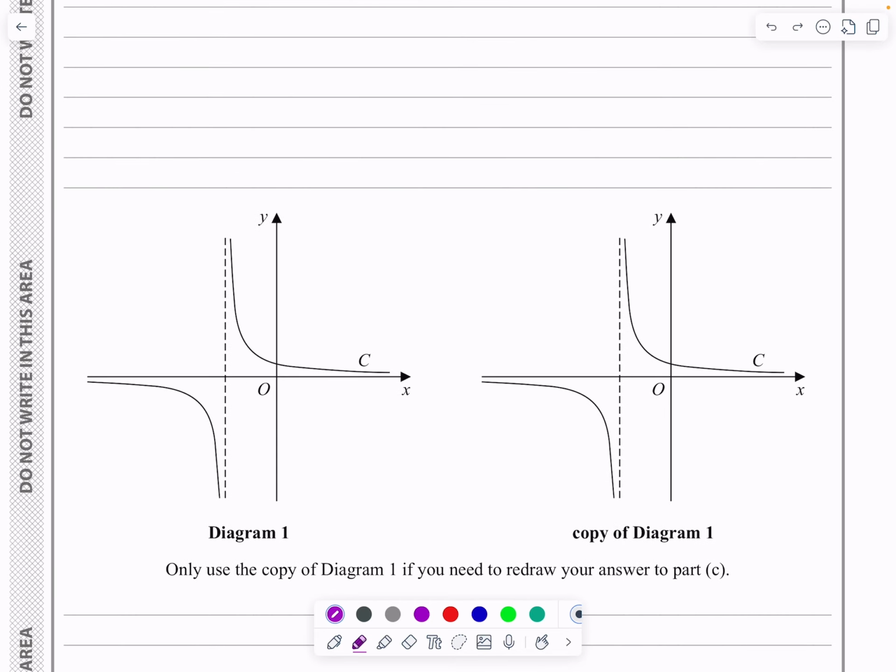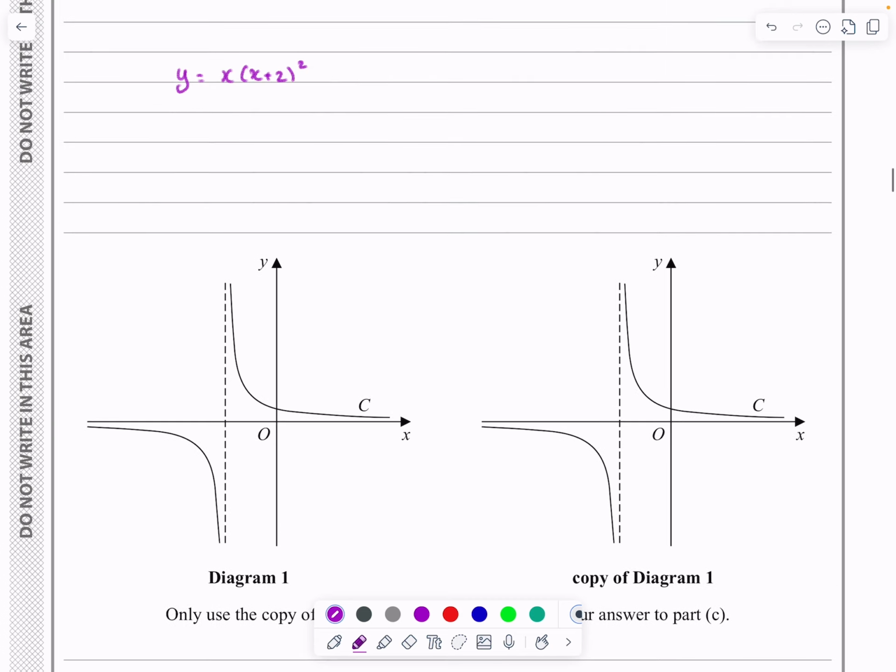So if I've got y equals, well, I'm going to call it x times (x plus 2) squared. Now, what do we know about this graph? Well, first of all, we know it's a positive cubic. Just explain it to you guys. If it is a positive x cubed, then we know that tends to have that shape to my graph.